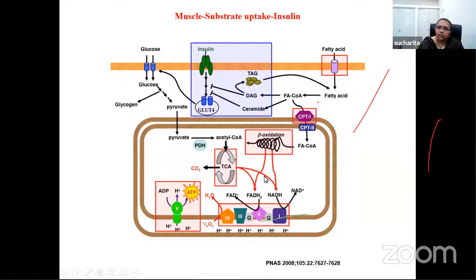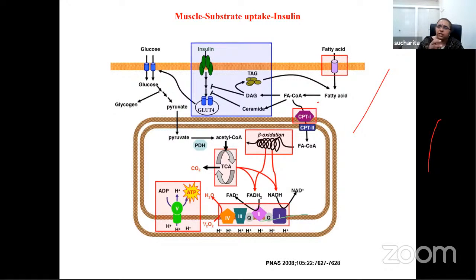Ultimately, please remember that for a muscle to generate the kind of energy or the kind of strength or the force it can generate, it depends on how well it can take this substrate inside, at the same time generate energy in order for those contractile elements to slide over each other and generate that force.